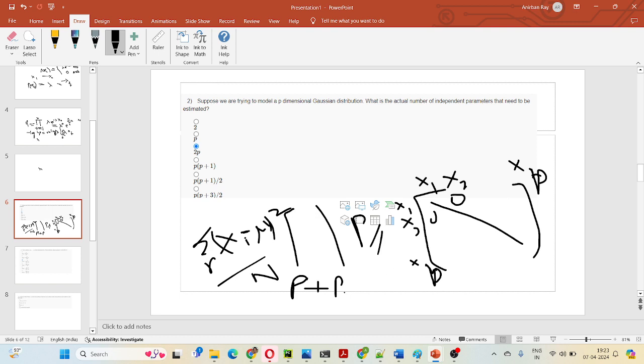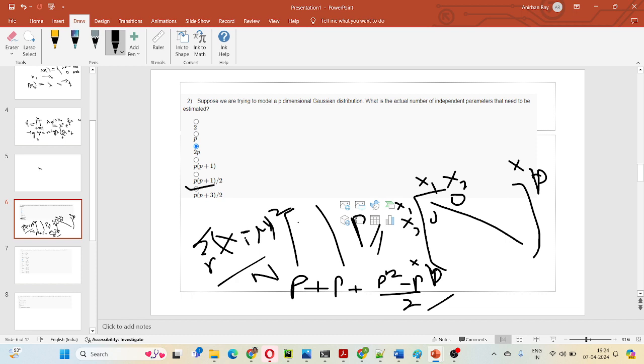The total number of parameters is p square; subtract the number of variances, divided by 2, and these are the number of covariances. So this is the total number of parameters.